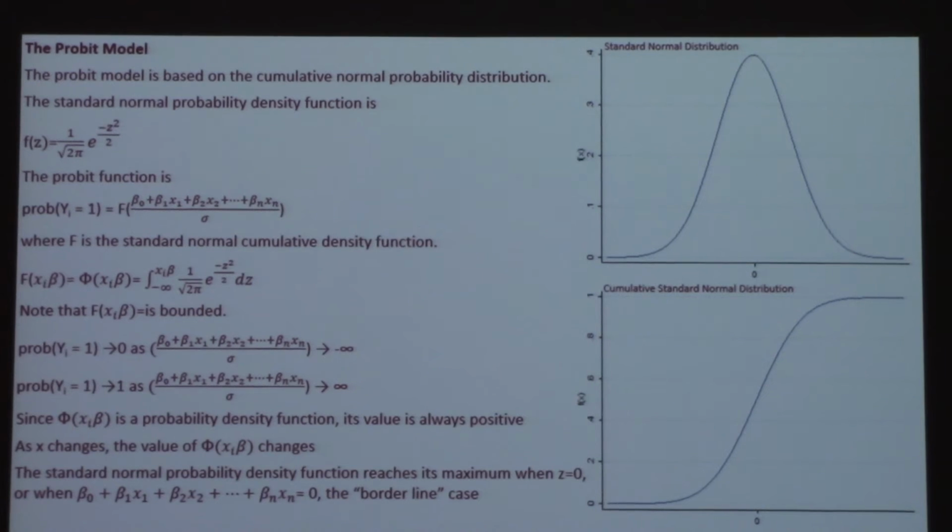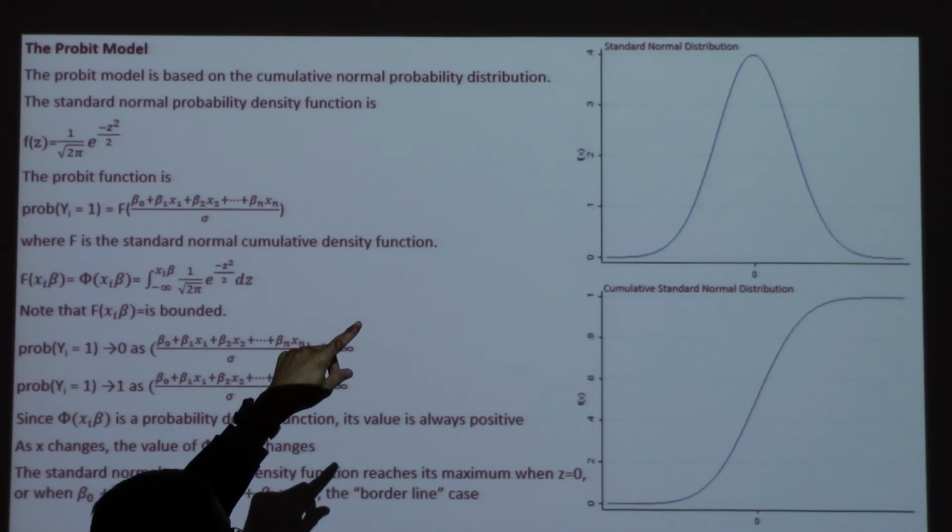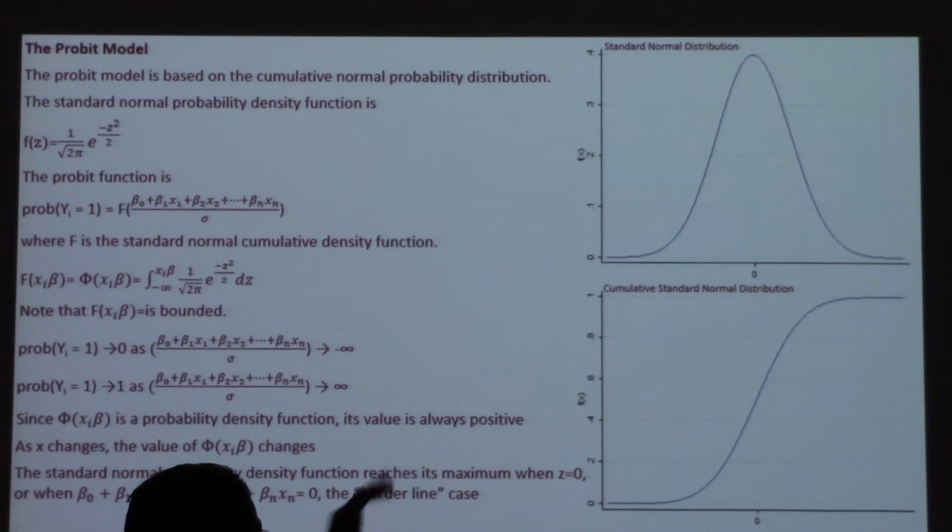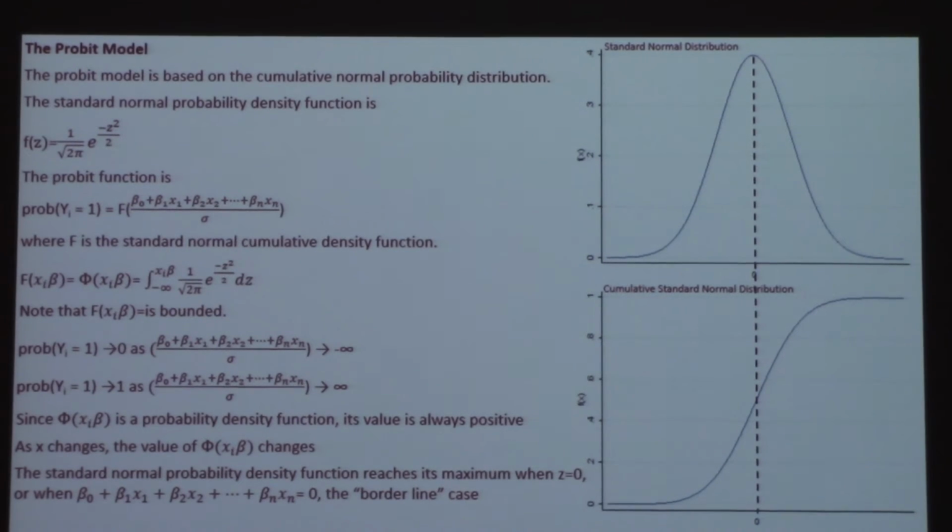And notice that the standard normal probability distribution, top one, reaches its maximum when the z statistic is 0. And this is actually pretty important. Because we're going to call this, in the cumulative standard normal distribution, the borderline case.